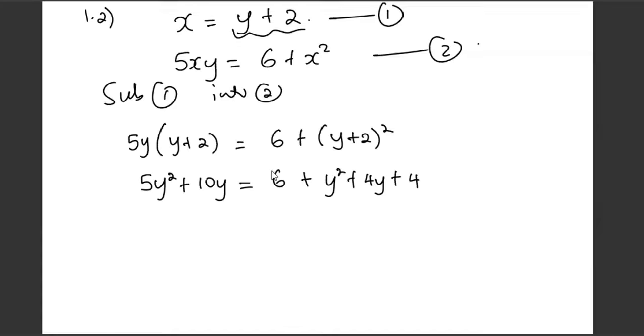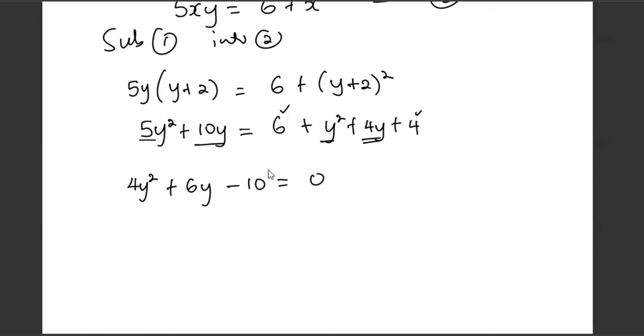Let me push everything to the left. So it's going to be 5 minus 1, which becomes a 4y squared. Then 10y minus 4y, that's going to be 6y. And then this is 6 plus 4, 10, moving that side becomes a negative 10. Okay, then I can divide through by 2, meaning that I'll have 2y squared plus 3y minus 5 is 0.